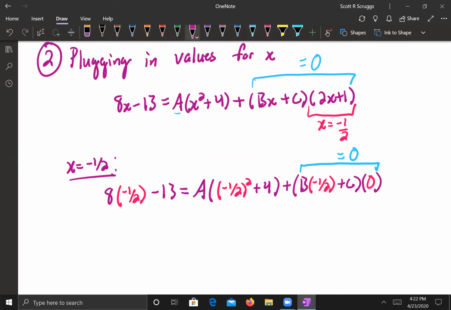So on the right-hand side, I'm just left with a times -1/2 squared plus 4.